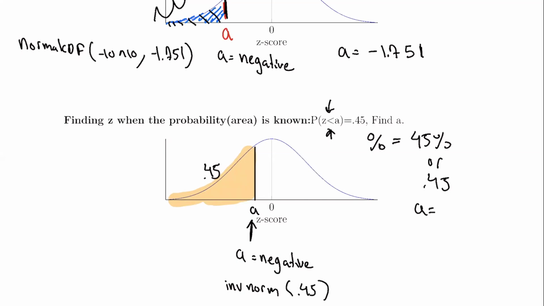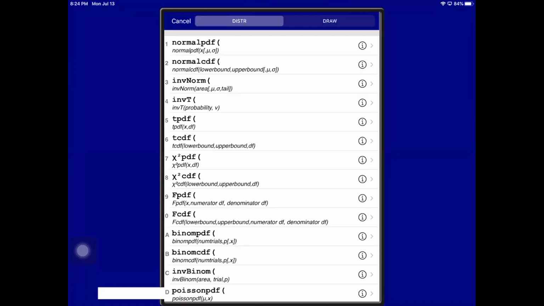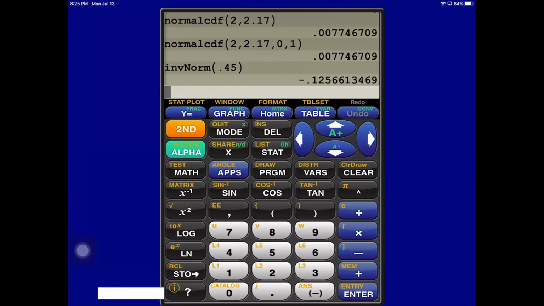So let's go over to the TI here. We go second, bars, inverse norm, and you put 0.45, press enter, and you get negative 0.1257.